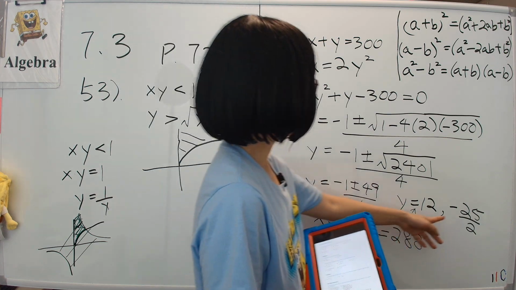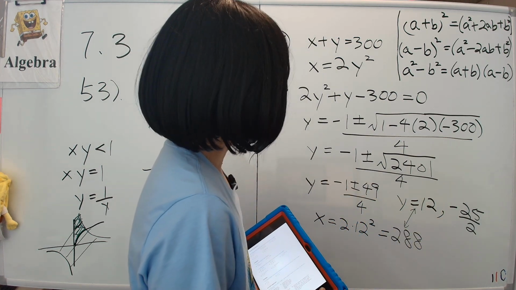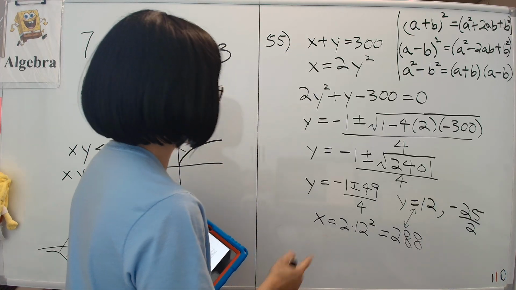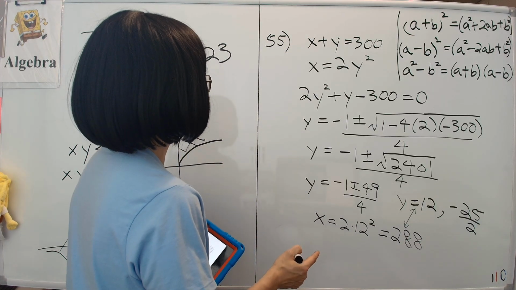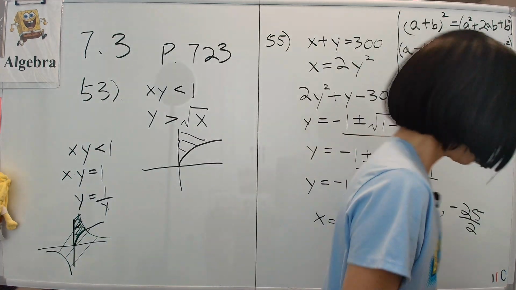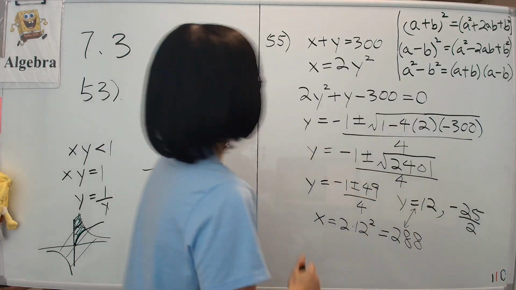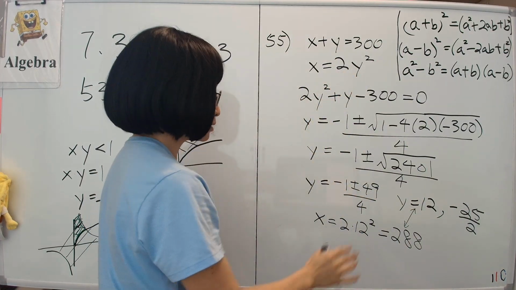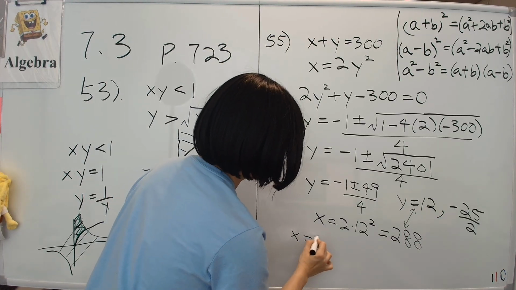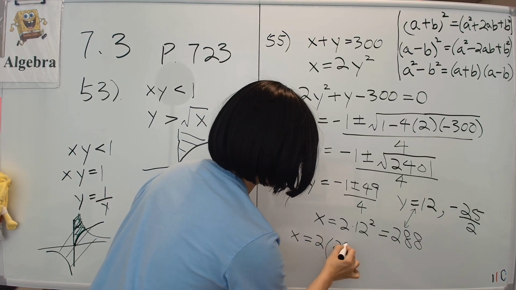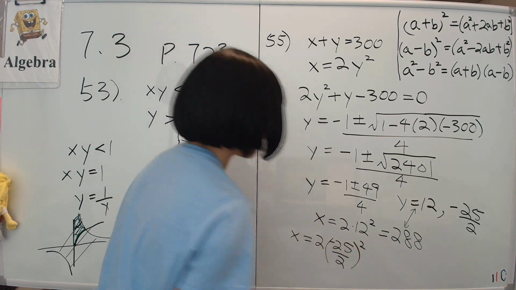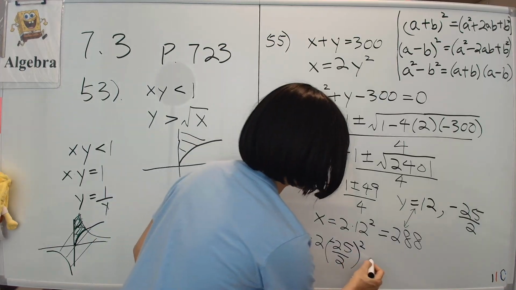Now, if y is minus 25 over 2, then x will be 2 times y squared. Okay, let me see how that goes. So y is negative 25 over 2, then x equals 2 times 25 over 2, but it's squared, so the minus sign doesn't matter.